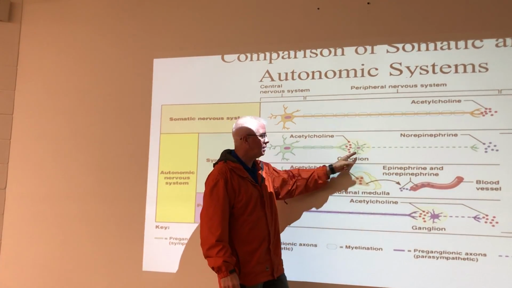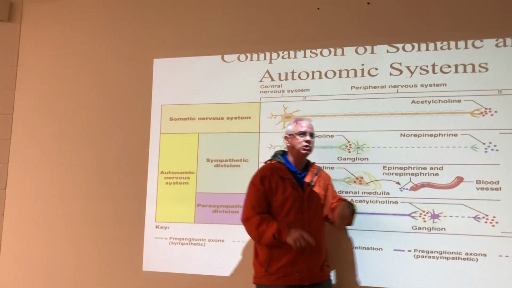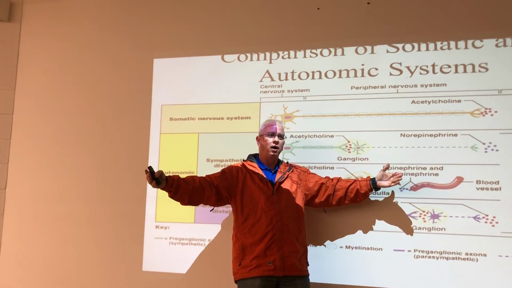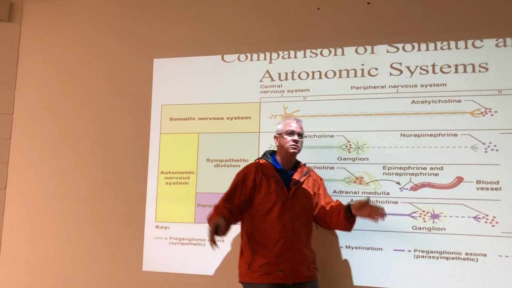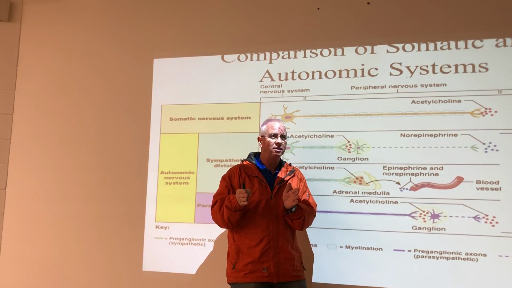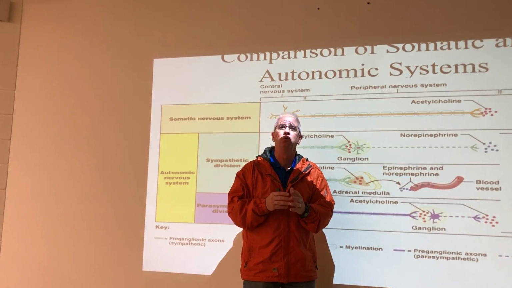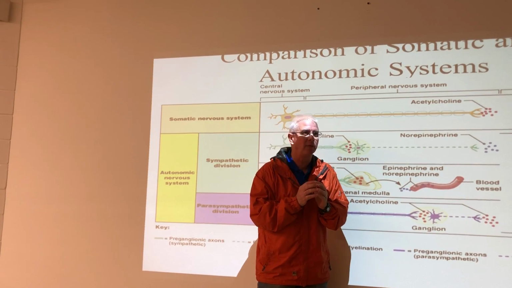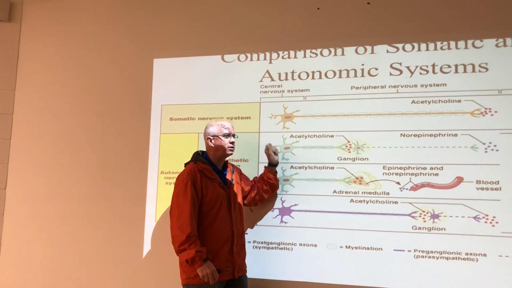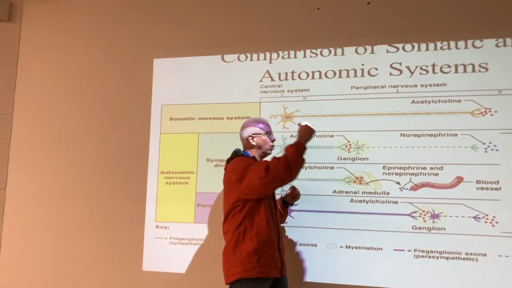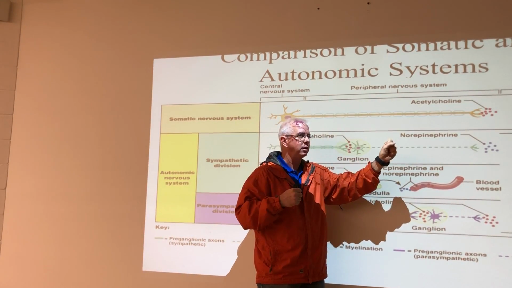Conversely, you can see the postganglionic sympathetic projections are long, whereas the postganglionic parasympathetic projections are short. So these are general rules. These are good rules to learn about the two systems. Sympathetic is short acetylcholine, long norepinephrine.